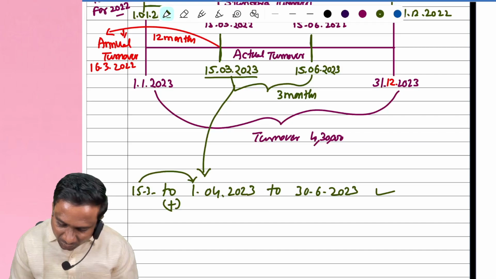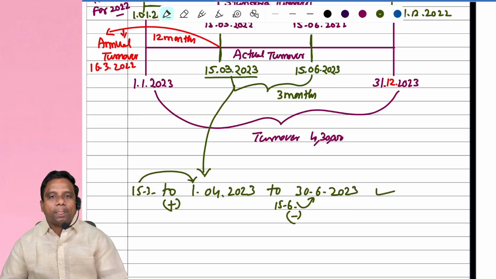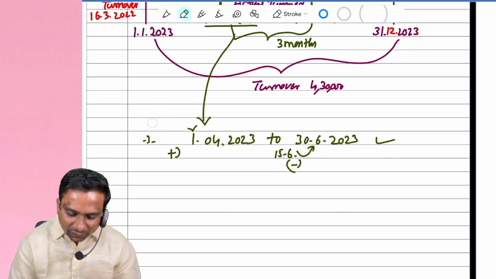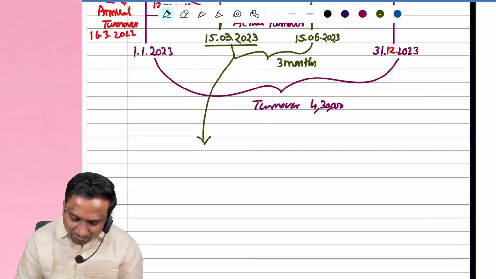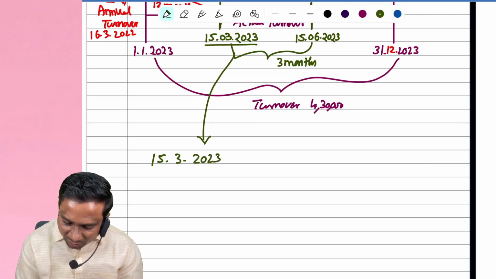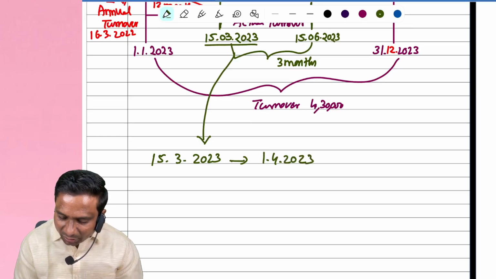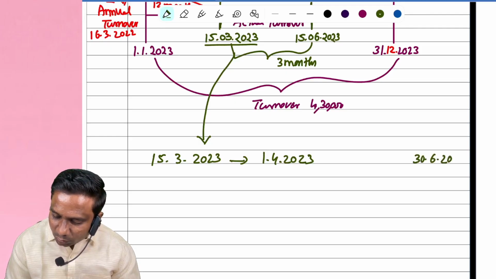So sales between 15/6 to 30th/6, I will deduct. Observe carefully. Very, very important. Let me write like this: 15/3/2023 to 1/4/2023. Next quarter is 30th/6/2023.